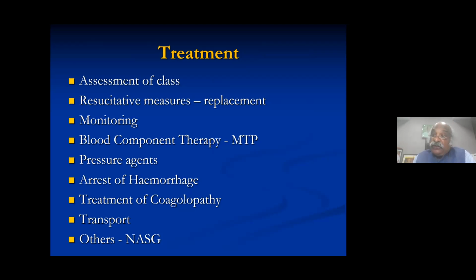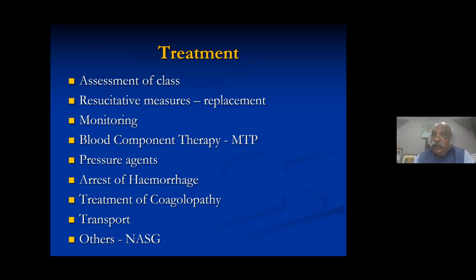Now, most important, along with the resuscitative measures, arrest of hemorrhage is important. If there is a bleeding, you should not just go on with resuscitative measures, ignore the source, ask for blood transfusion, ask for bringing the blood and replacement with the blood, and then follow with surgery. I think it's not a wise decision. Suppose there is an ectopic pregnancy with continuing bleeding, or there is bleeding after delivery.